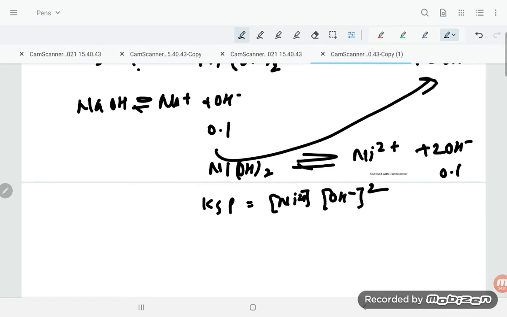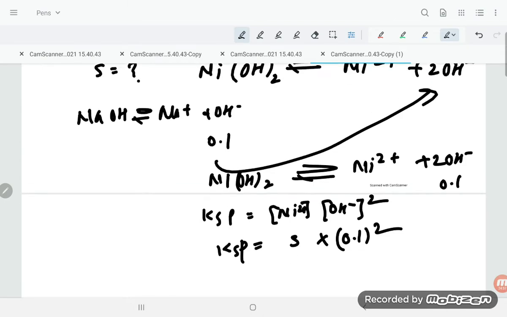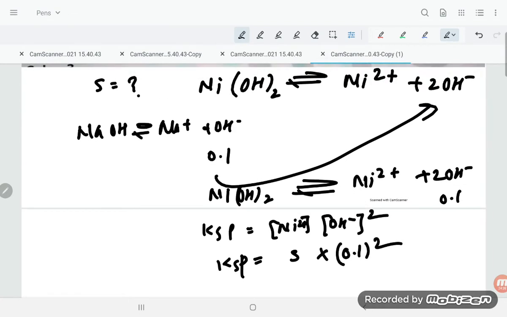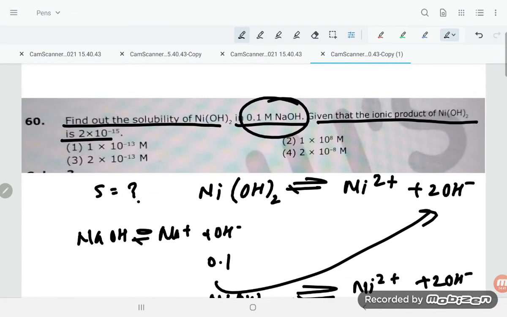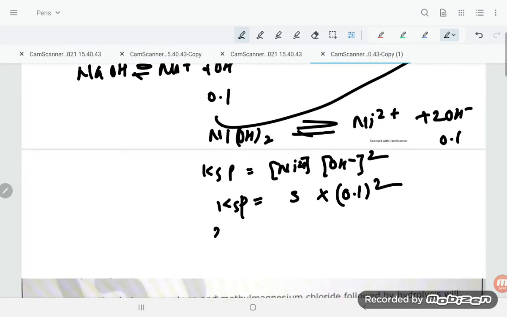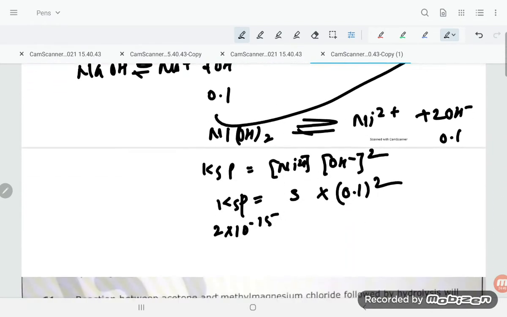So its solubility S into 0.1 squared, and here is the Ksp, right? Dear students, Ksp you see, how much is there? 2 into 10 power minus 15 is the solubility product. So here S will come into 0.1 into 0.1.